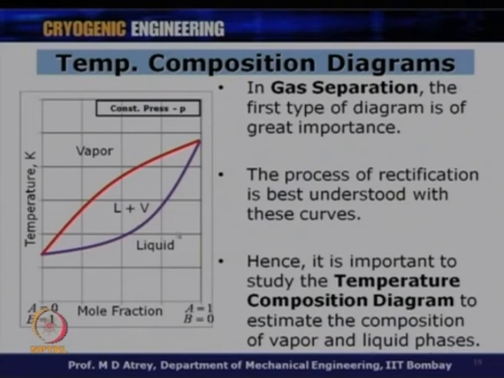From this diagram, I can get the relationship between temperature and composition of A and B in a mixture, and then I can understand the state of that mixture: how much vapor, how much liquid, how much molar fraction of A and of B will be there. This is very important when I go for gas separation or rectification techniques.